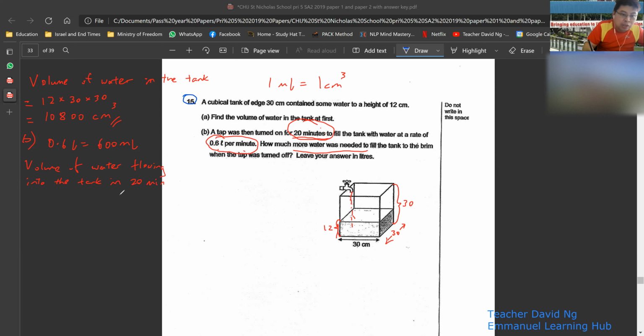You write that in 20 minutes so that it's very clear what you are actually calculating. So per minute is 600 ml multiplied by 20. Okay, 6 times 2 is 12. There are 3 zeros, so 12,000 ml. Or you can change this to cm3, because 1 ml is 1 cm3. Clear this part?